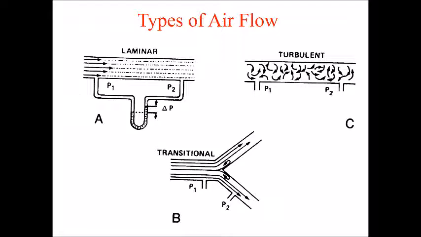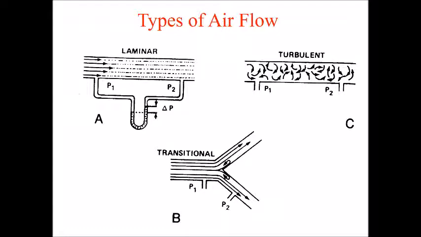Now here you can see in the diagram there are two types of flow visible. One is laminar in A, second is turbulent in C, and third is transitional in B. So laminar flow is normal silent flow with multiple layers overlying each other, while in turbulent flow there is generation of eddy currents.